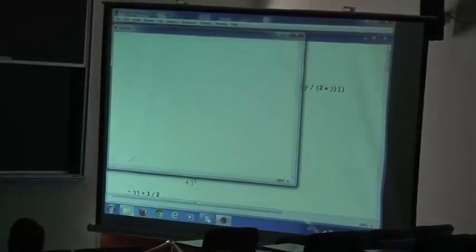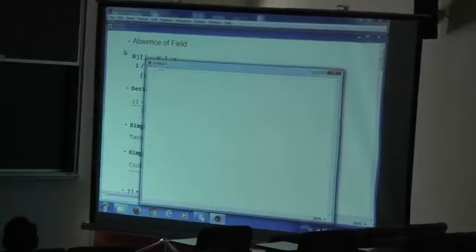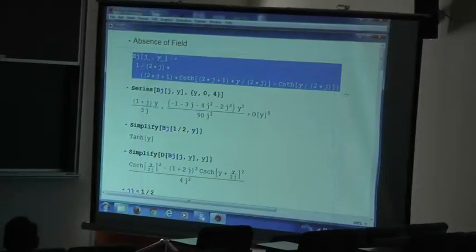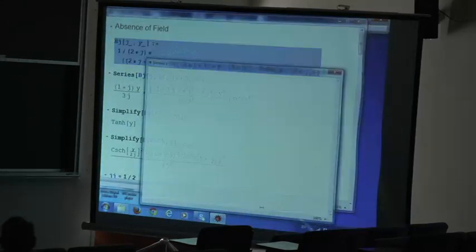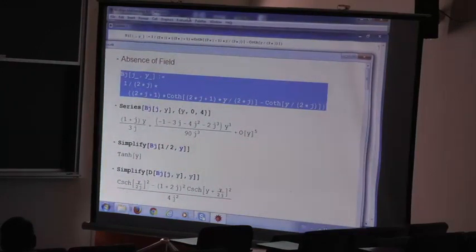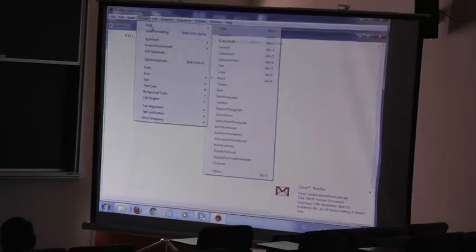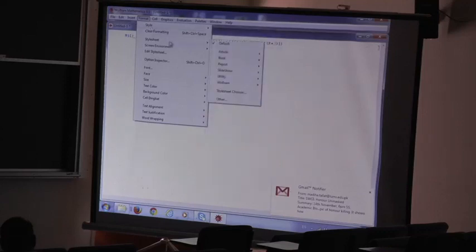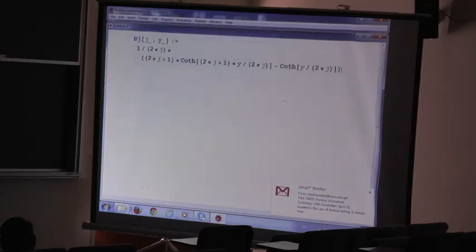So first of all, I'm going to define the Brillouin function. So done over here. Alright, so this is my Brillouin function.